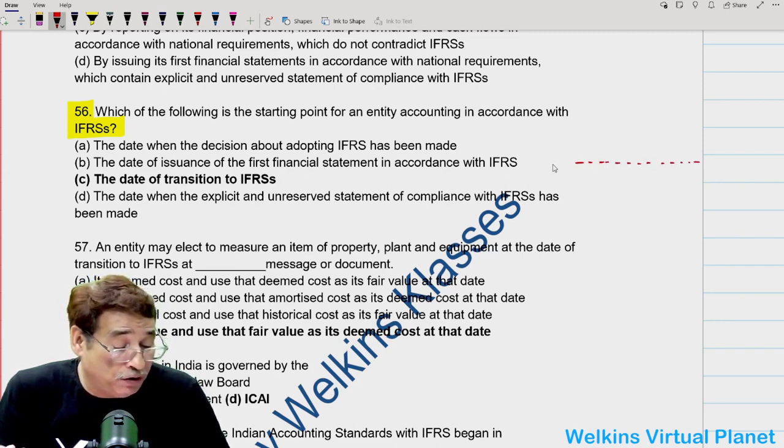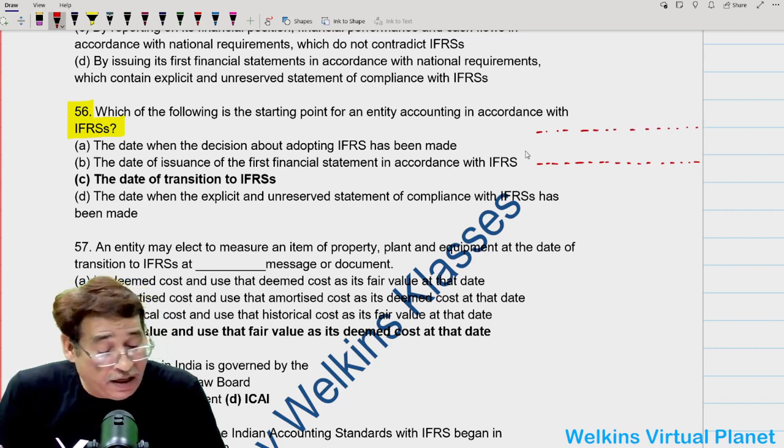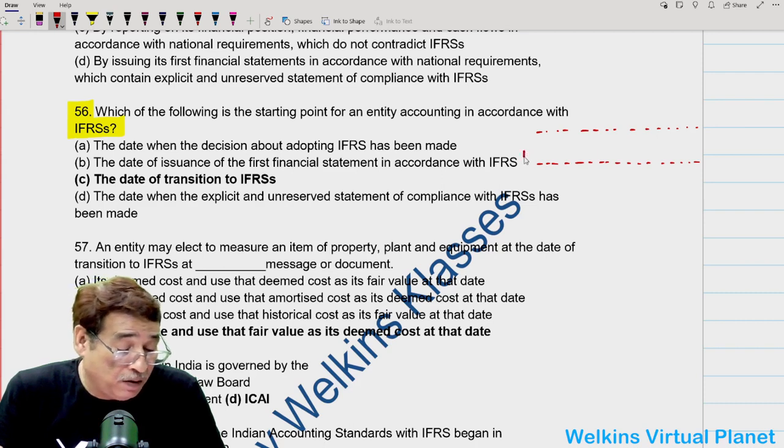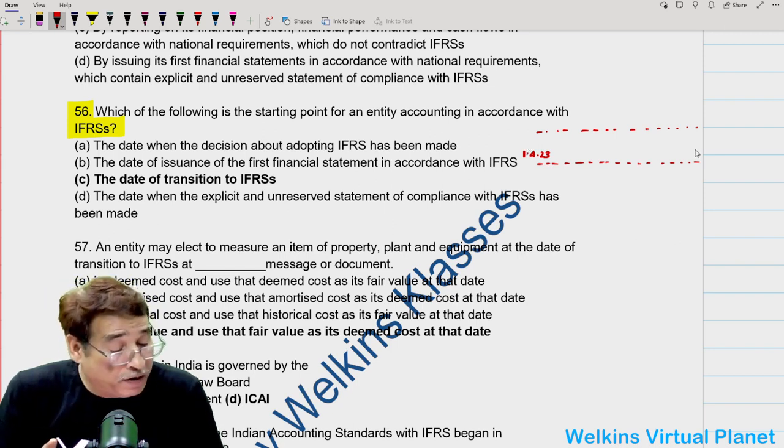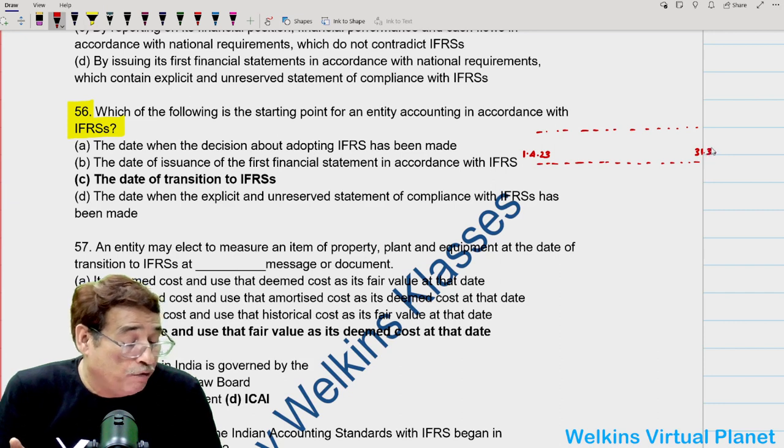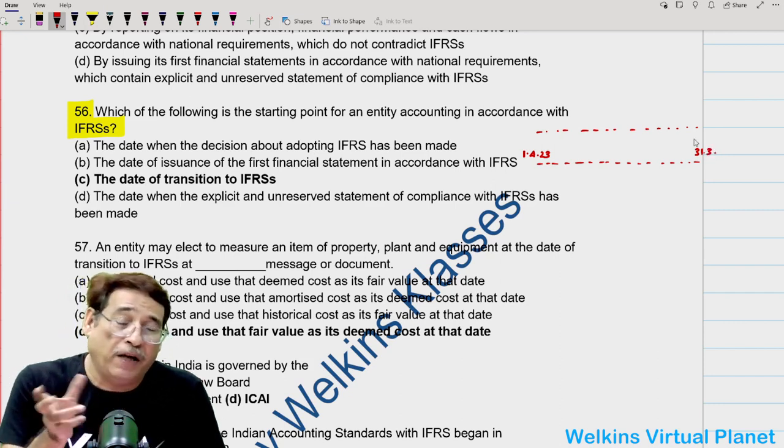For example, there is an entity that decides that from 1/4/2023 onwards, we shall prepare the financial statements as per Ind-AS.